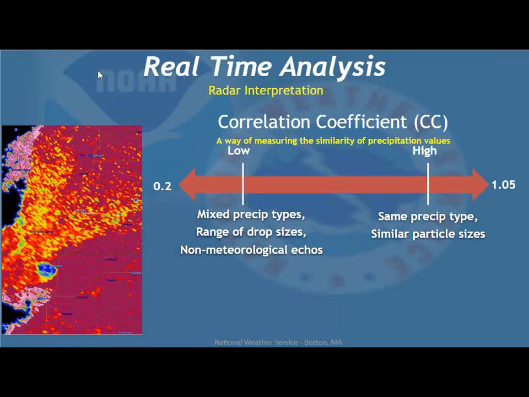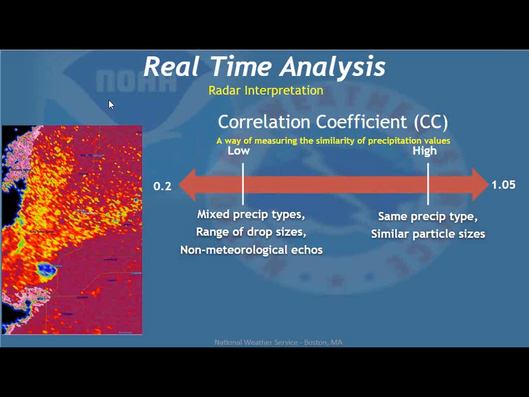The correlation coefficient is a ratio between 0 and 1, with 1 being homogeneous hydrometeors. If you have a rain event, chances are your correlation coefficient will be very close to 1. If you have a straight out snow event, you may be talking about 0.95. But if you start to see correlation coefficient below 0.9, that's when you see, okay, maybe it's not just snowflakes that are flying through the air.